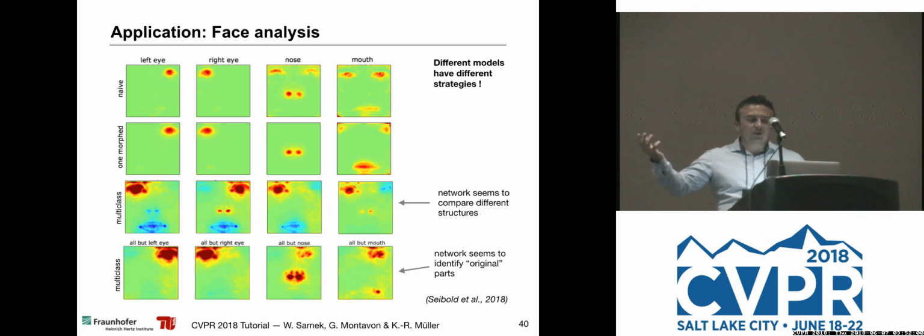So the heat map shows you that it compares different parts, and therefore it assigns relevance to the right eye and to the nose and to the mouth, but not to the part which was changed, the left eye. So also here, the heat map gives you some kind of insight into how this model works, but sometimes this insight is unexpected. In this way, we didn't expect that the model would perform like that. Anyway.